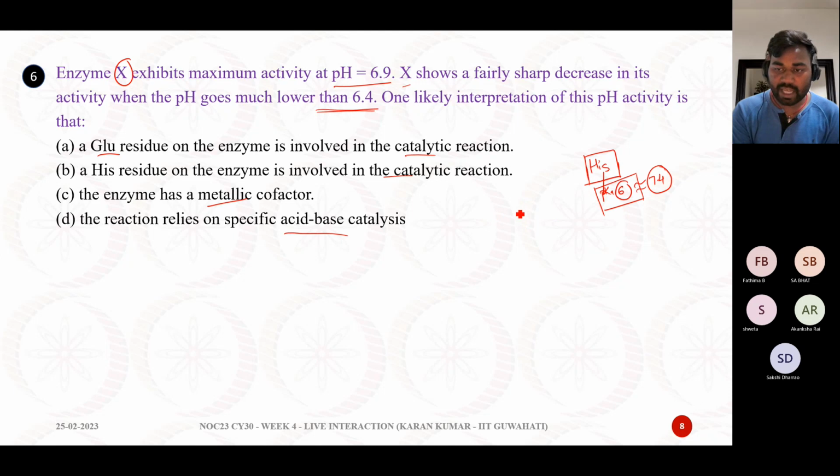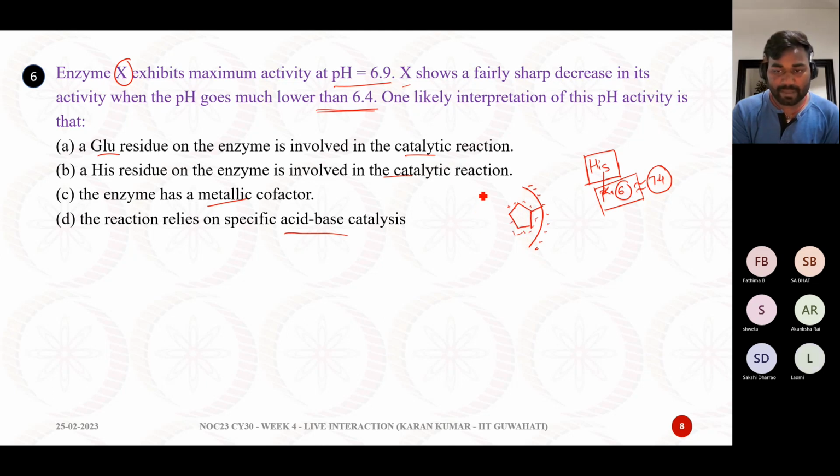When the histidine residue is surrounded by negatively charged amino acid residues, the pK value will shift rightwards toward basic conditions, and it will contain a positive charge and act as an acid.